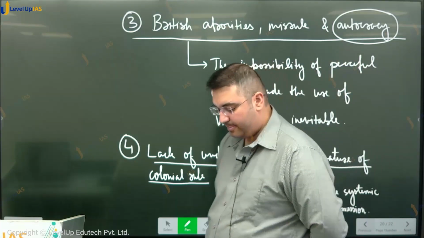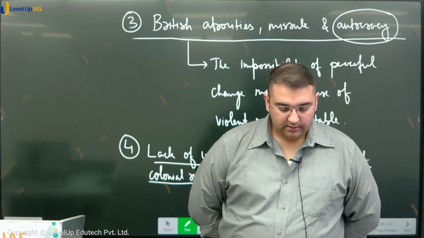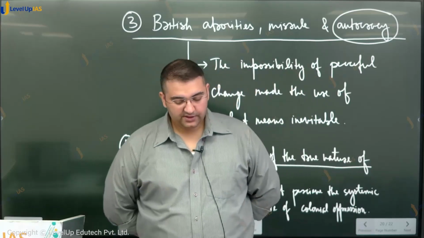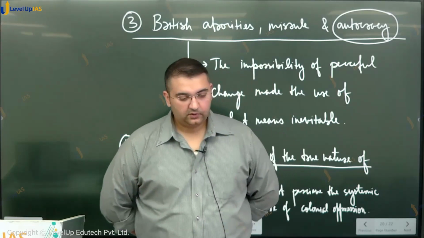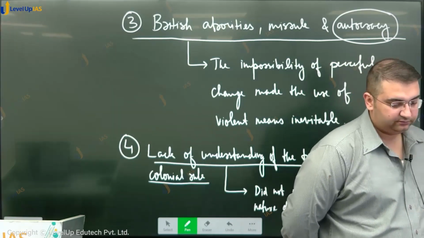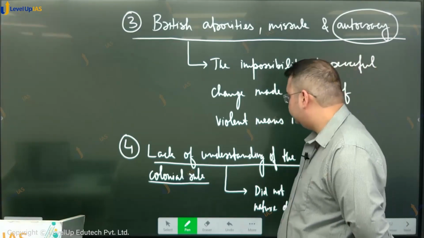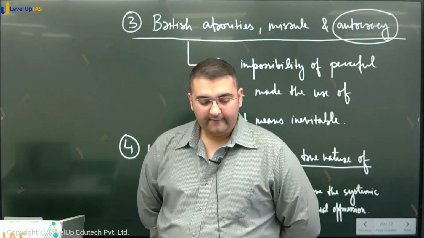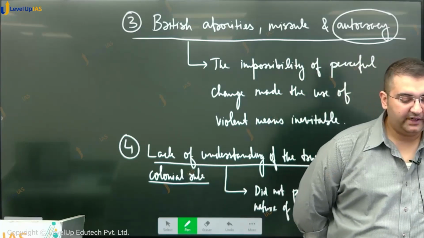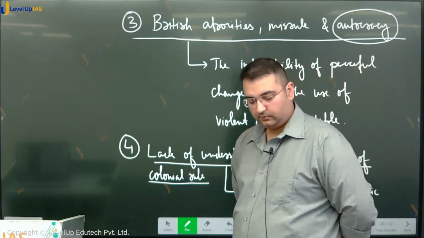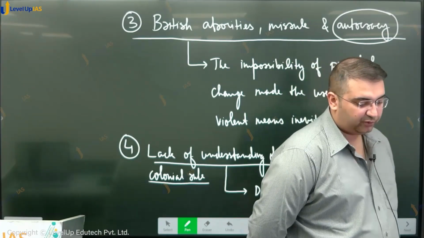Next main point, number 4. The early revolutionaries also lacked a clear understanding of the true nature of British rule. Full stop. Subpoint.